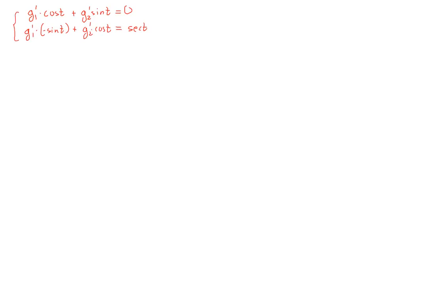The answer is just solve it the way we have solved systems of equations with numerical coefficients. So I'm going to multiply the first equation by sine t. I'm going to multiply the second one by cosine t. And when I do so, you see that the coefficient of g1 prime is going to be opposite of the coefficient of g1 prime in the second equation. And I'm going to add them up.